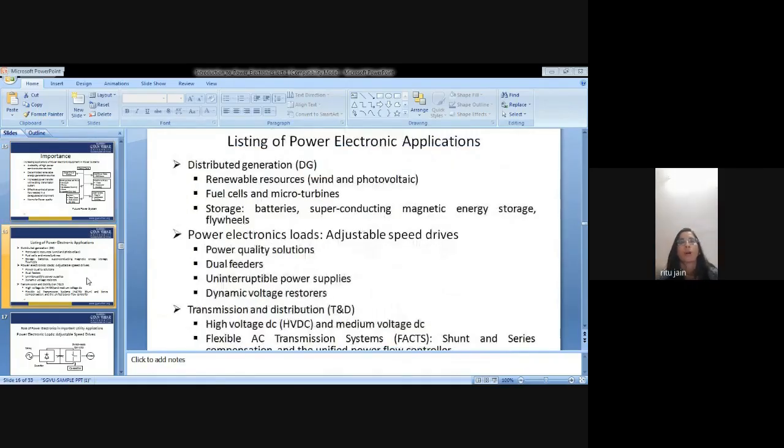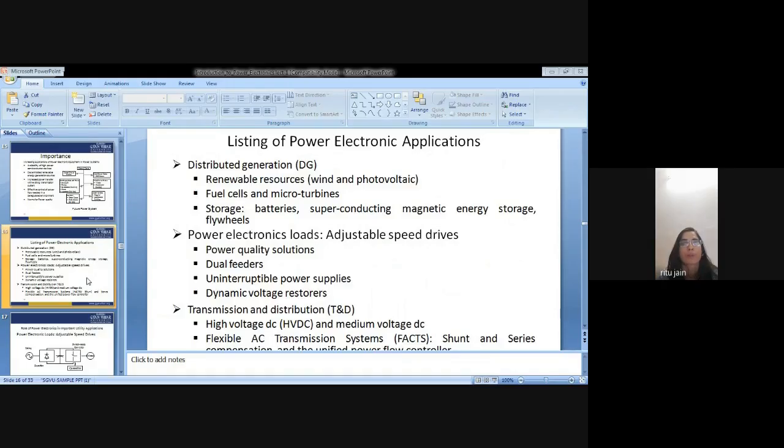So, listing of power electronics applications. These are the different applications in the power system. Distributed generation. What is distributed generation? Distributed generation is your renewable energy sources, which include wind and photovoltaic cells.